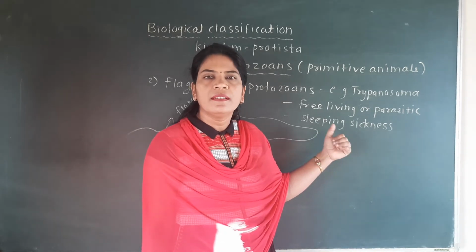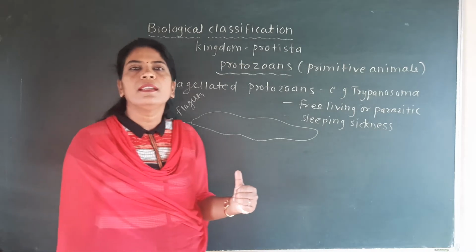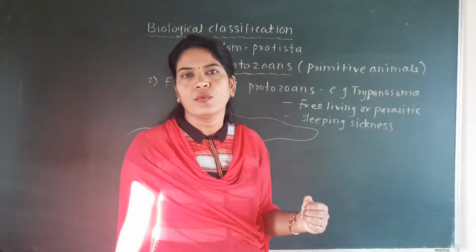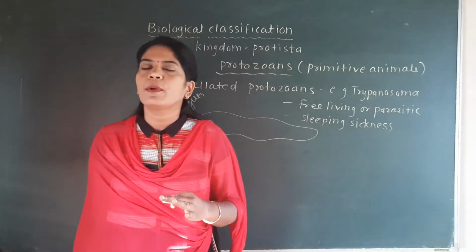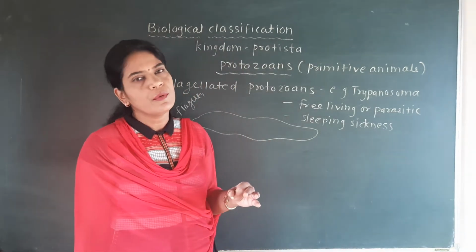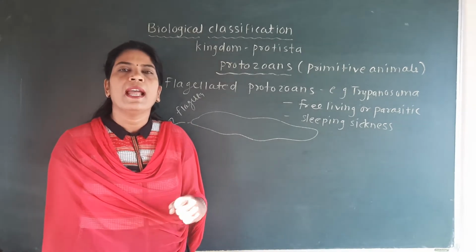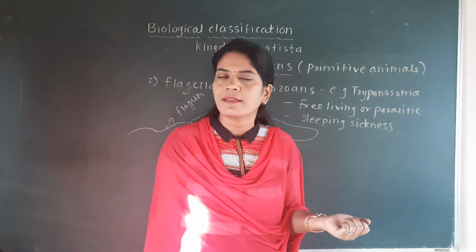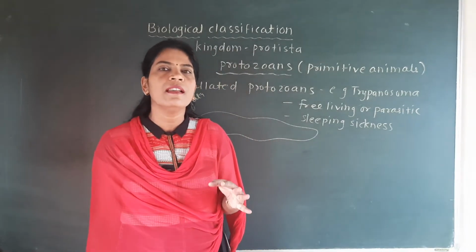Okay, so this is about the second group, called the flagellated protozoans. The main example of these flagellated protozoans is the trypanosoma, which has a flagellum as its main locomotive organelle, and it acts as a parasite. The important disease of this trypanosoma is sleeping sickness.